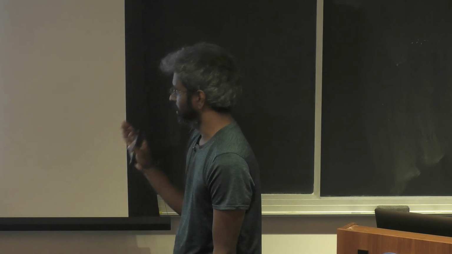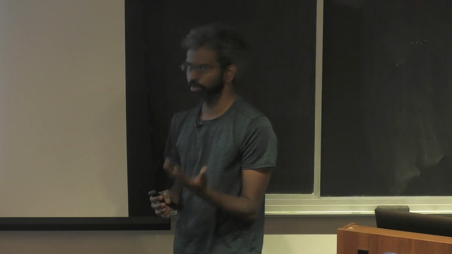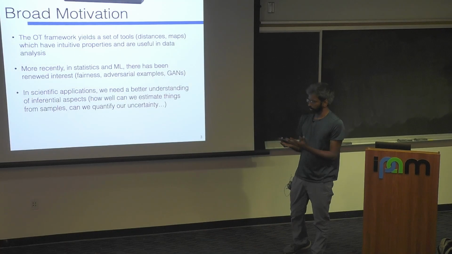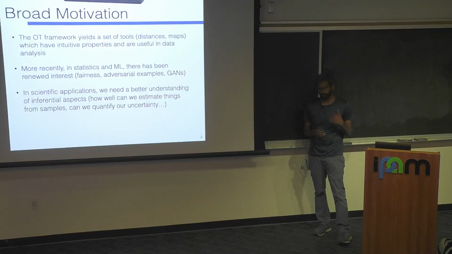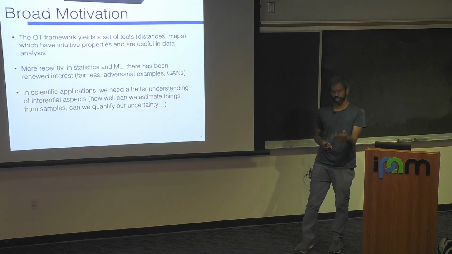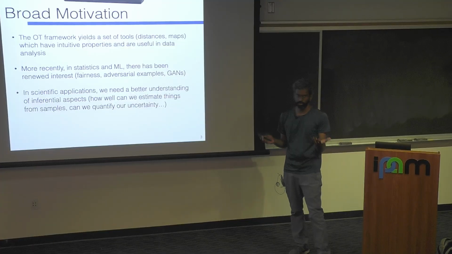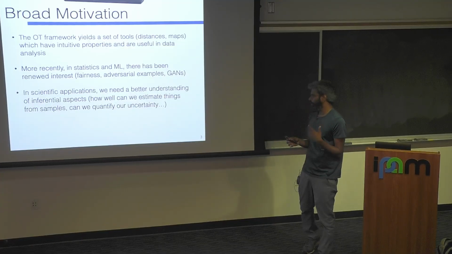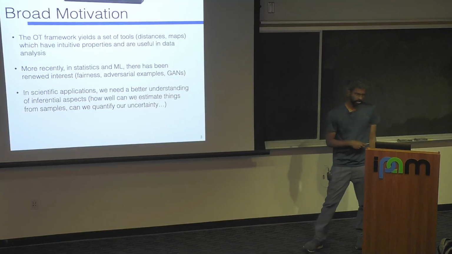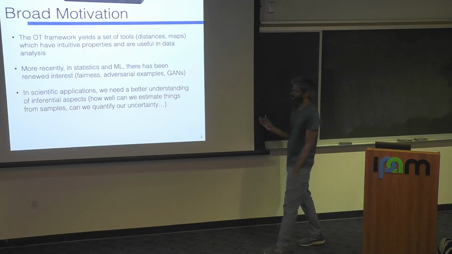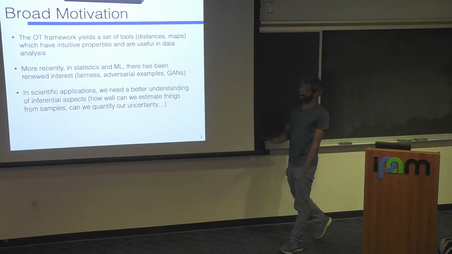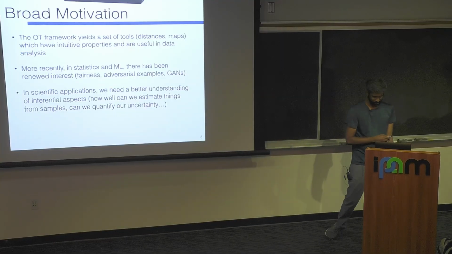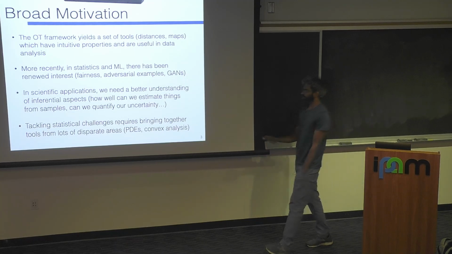So statistical aspects here means how well can we estimate various things. So how well can we estimate the distances and maps that arise in this OT framework, and maybe going a little bit further, answering questions beyond how well can you estimate things, how well can you quantify your uncertainty. So what is the variability in these estimates? So these are maybe predominantly or classically understood as statistical questions that center around optimal transport. And so this is maybe the focus of today's talk.